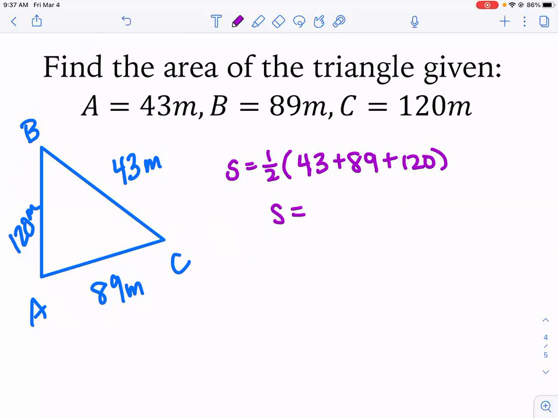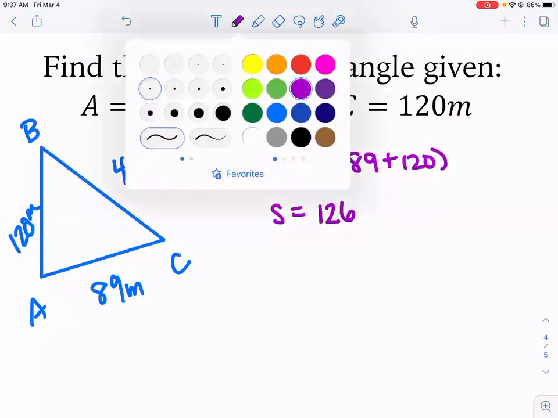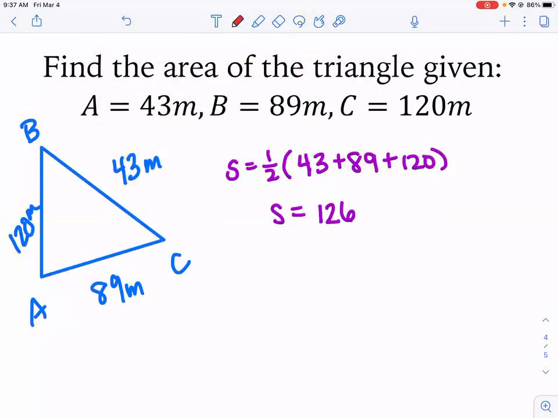What do we get? 126. Okay, that was rough. I would literally put it in like this: 1/2 parentheses 43 plus 89 plus 120 equals. Then you don't have to worry about messing up order of operations.